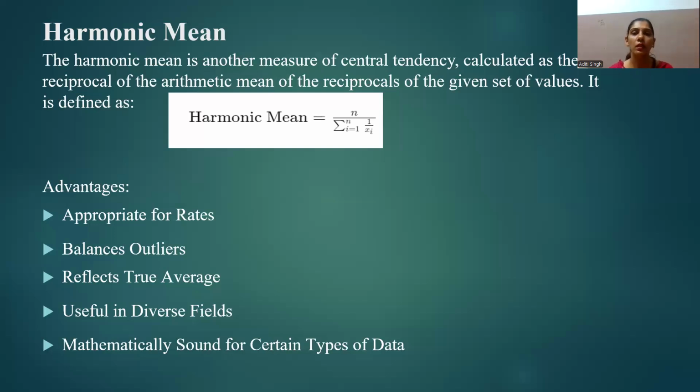For example, when we have to average the price earning ratio of multiple companies in a stock portfolio, we use the harmonic mean, which gives a better representation of the portfolio's overall valuation.